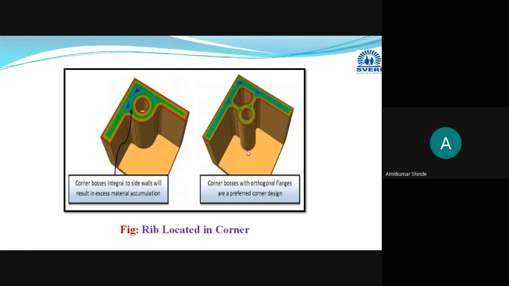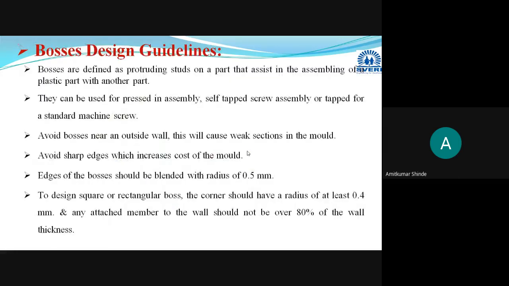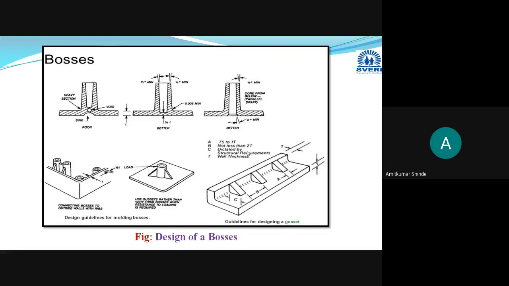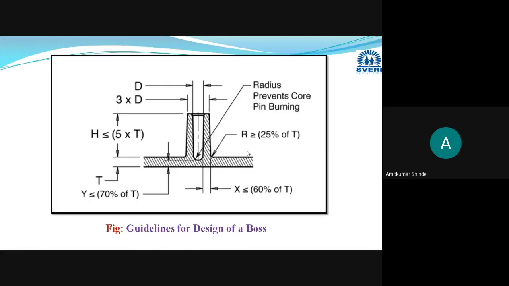Then after that we discussed the design of the boss. It is a protruding stud or hollow cylindrical extension, which helps us assemble two plastic parts. We discussed how it should be designed, and why the ribs and gussets are provided while designing the boss.